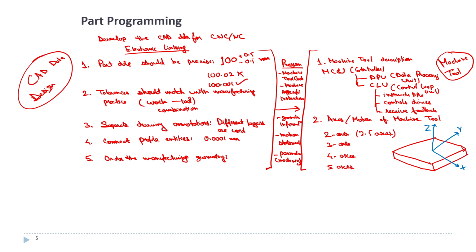Also, we have 2 kinds of machining. Machining type: number 1 is point to point, number 2 is contour or continuous.